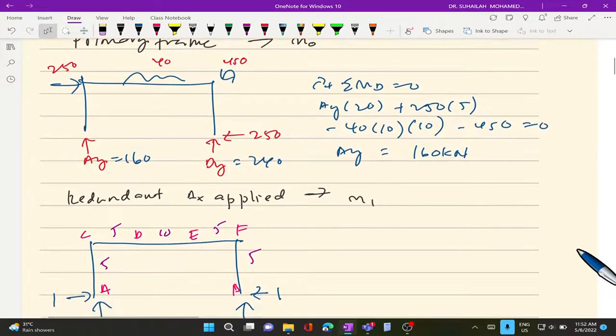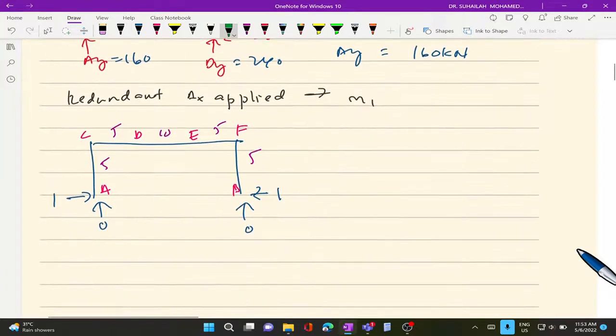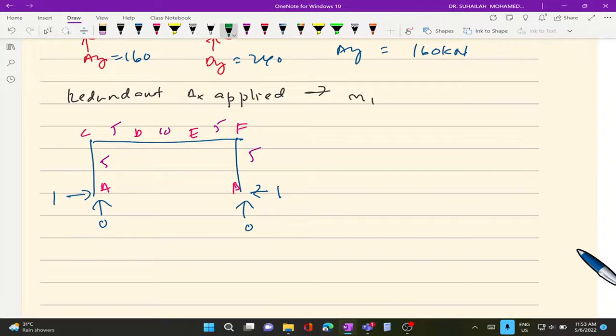Okay, now we have C, D, E, F. Okay, I want to label. So this is 1, this is 2, for the cutting section, this is 3, this is 4, this is 5. For the section 1, 2, 3, 4, 5.